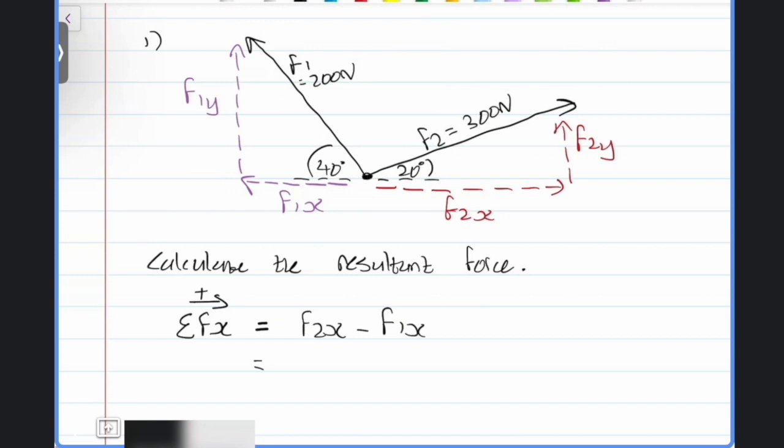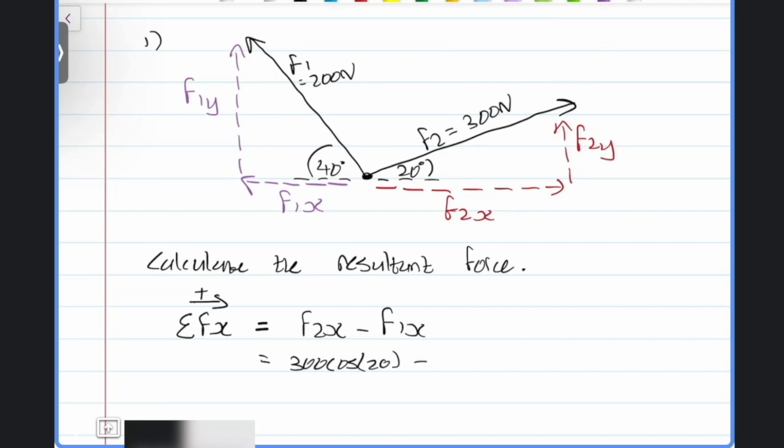So what is F2x for ourselves? We have to make sure we know the angles. Yeah, because this is our angle between x-axis and our vector. So now we're going to use cos, right? So we can say F2x is actually 300 cos of 20.